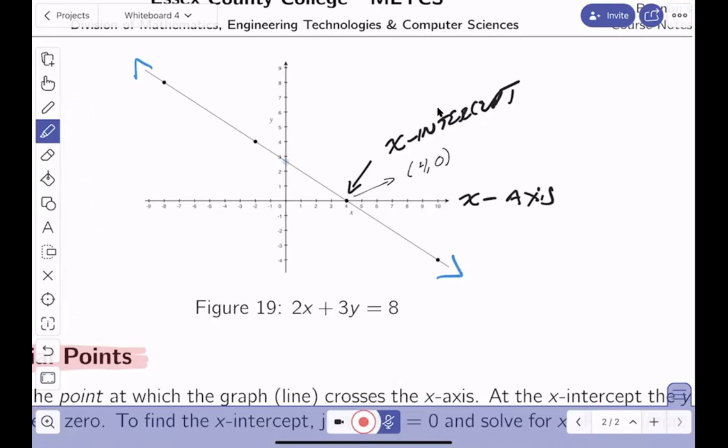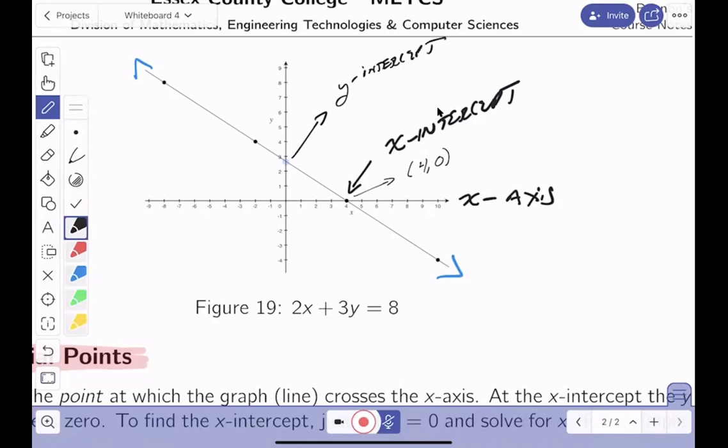So what I'm going to say is, I know there is a y-intercept here. I know it. What I don't know is what the point is, though. What I could say is the value of x has got to be 0. What I don't know is the y, though.